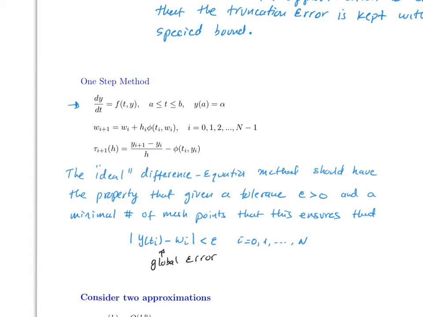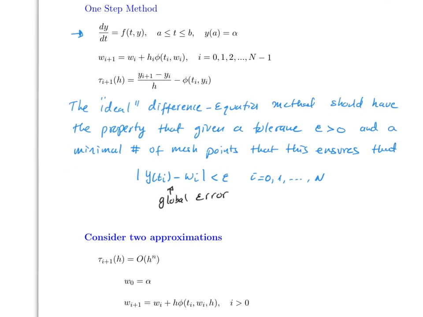Now, in general, we cannot really compute the global error, but there is a connection between the global error and the truncation error, or local truncation error, which we are able to compute.